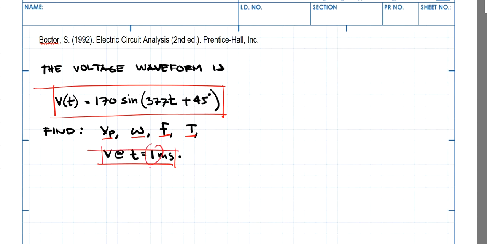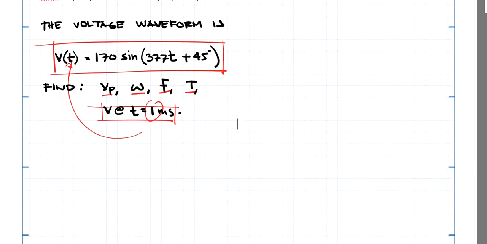We associate this one right here to this function, and somehow we can get the magnitude of the voltage. Okay, so let's start. For that solution, number one, first let's check our waveform.